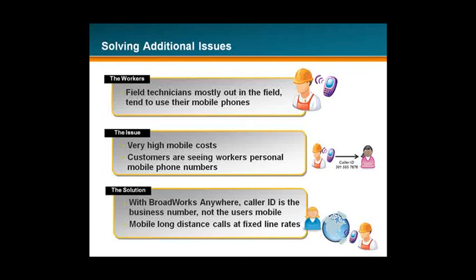Number 1, using this process, when workers make an outbound call from their personal mobile phones, the caller ID can now show up as the business phone number, not the user's. And number 2, when workers make long-distance calls from their mobiles, the calls are essentially routed back to a fixed-line call, which avoids expensive international mobile phone rates for Mr. Smith.